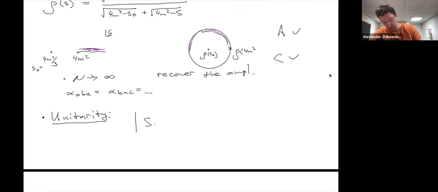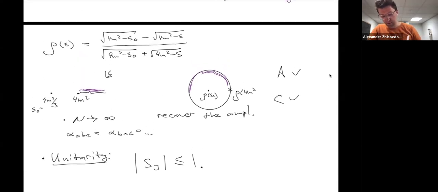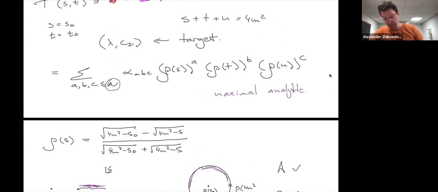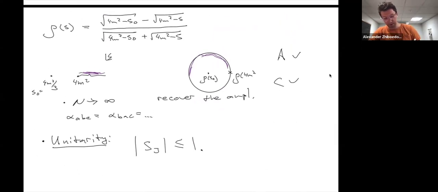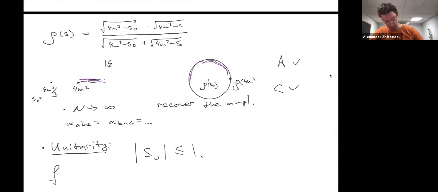We just impose S_j less than or equal to 1. So we forget about elastic unitarity. We don't have any Landau curves. Here, if you compute the double spectral density, it starts right away after 4. It's not 0 there where it should be 0. But let's not worry about that and hope that for certain observables, and double spectral density is not one of them, it is a good approximation.